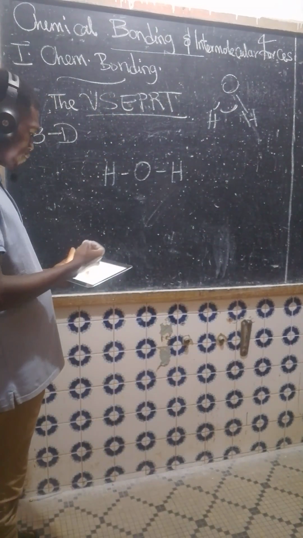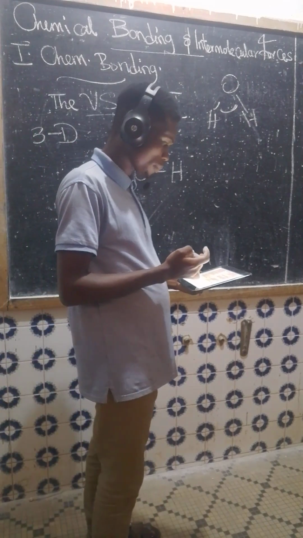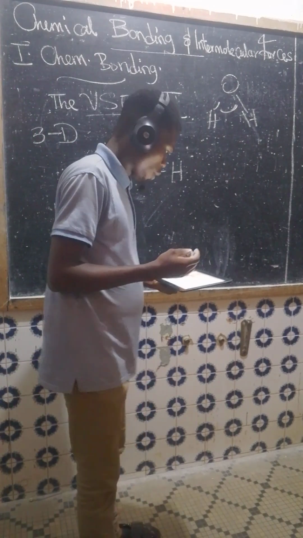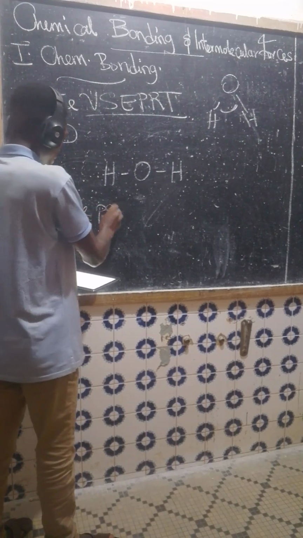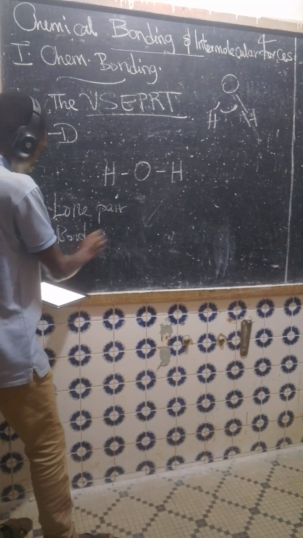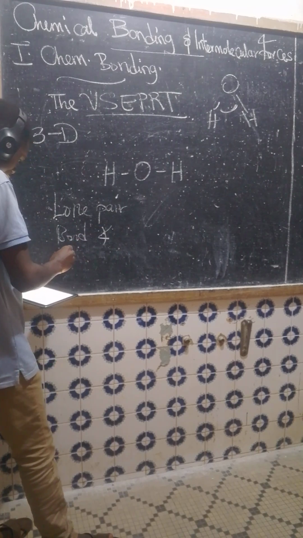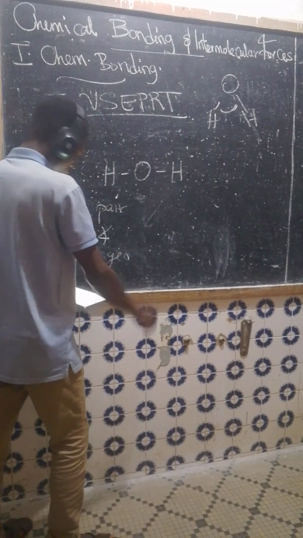So now I'm going to give some of the postulates of this theory. Number 1, I'll talk of the lone pair. I'll talk of the bond angle. Then I'll talk about the molecular geometry.